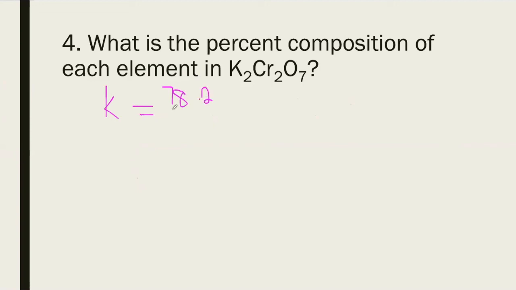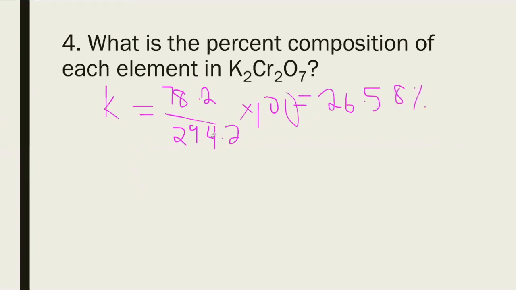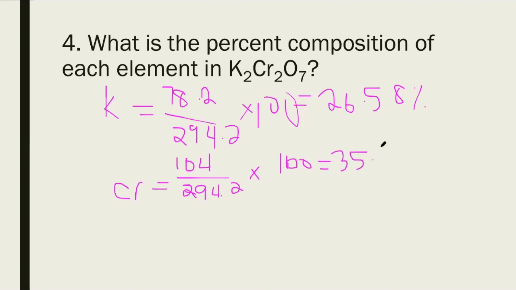So same process, K will be 78.2 over 294.2 times 100, which will roughly give you 26.58%. Cr is 104 divided by 294.2 times 100, and that will give you 35.35%.